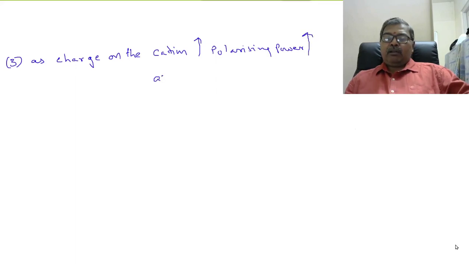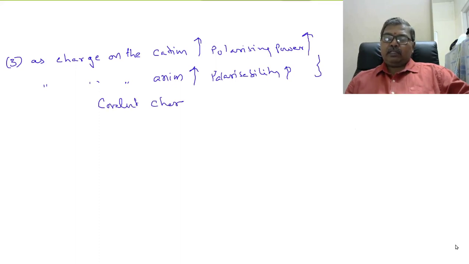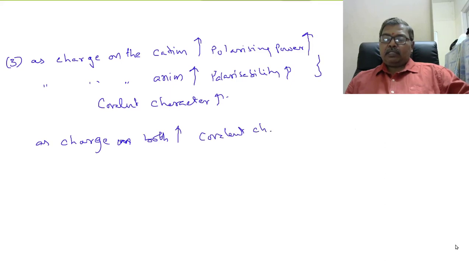As charge on the anion increases, polarizability increases. So therefore, as the charge on the cation and charge on the anion increases, covalent character increases. Simply, as charge on both increases, covalent character increases.